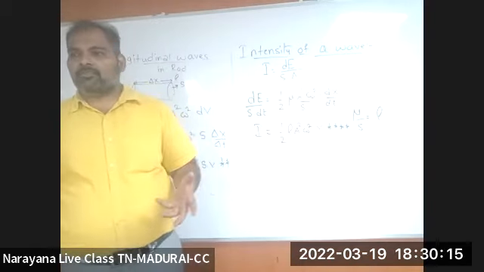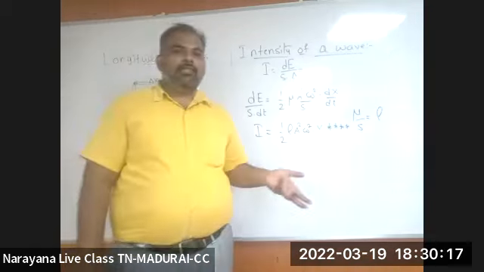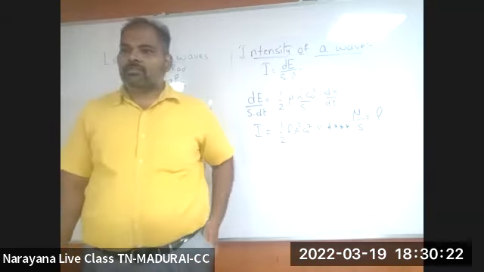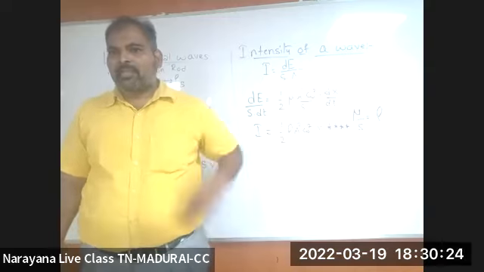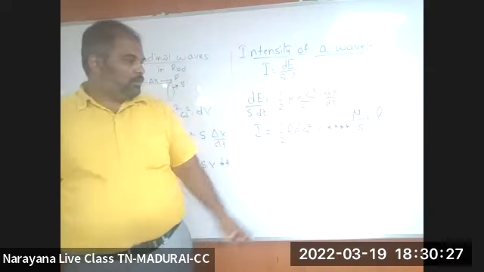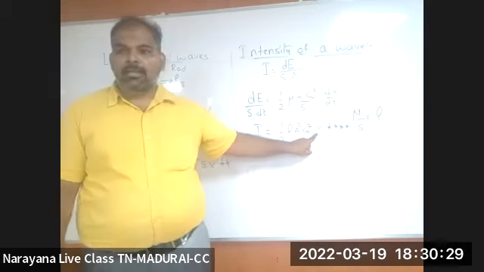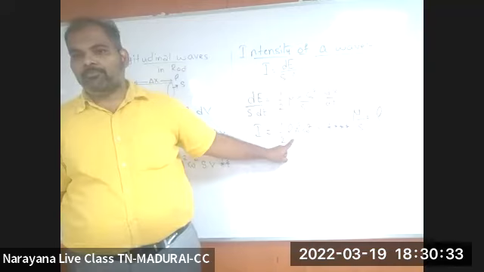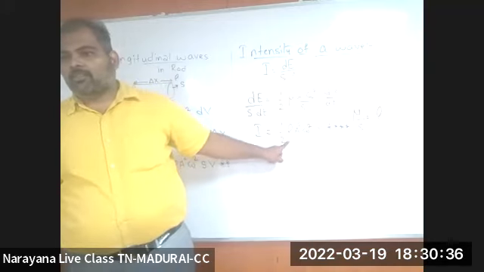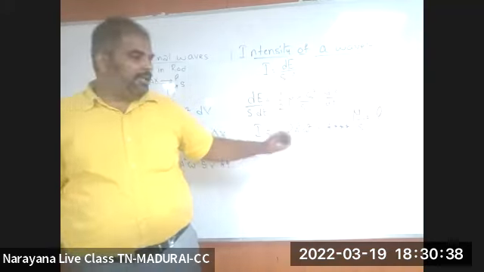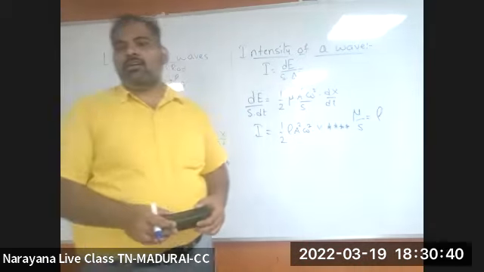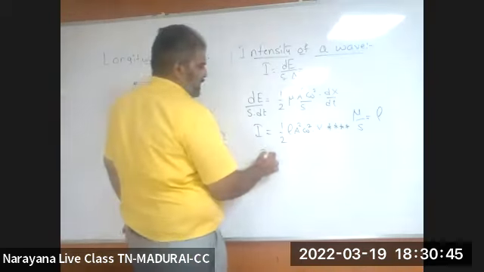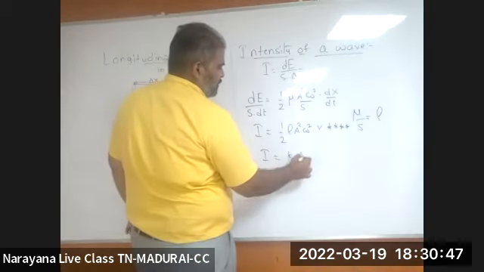One singer is singing, the same person, on the small speaker and on the large speaker. He has the same frequency. So frequency is constant, speed of the sound wave is constant, and only amplitude is variable. Density of the medium is always constant. So I can remove all the constants and replace them with a single constant. So I can define intensity as how much? K into A square.